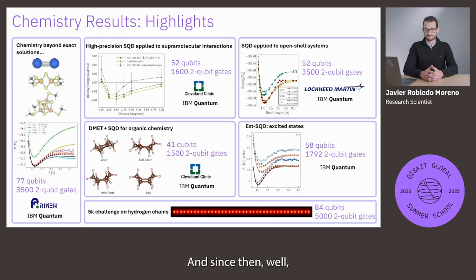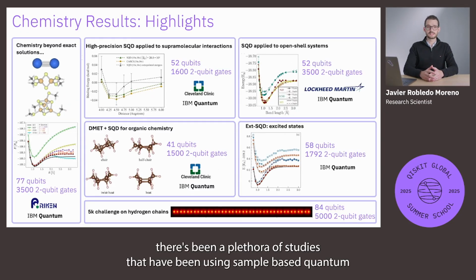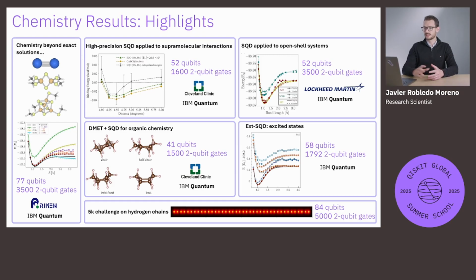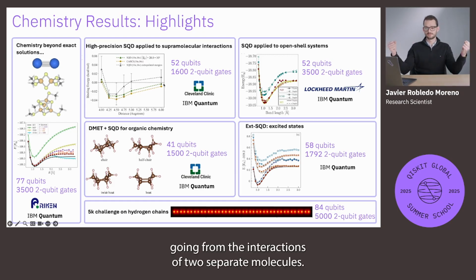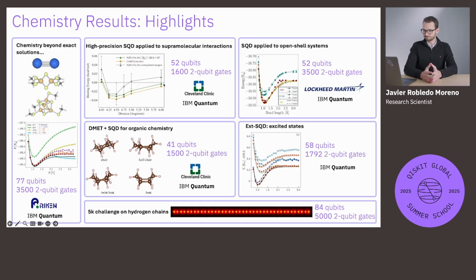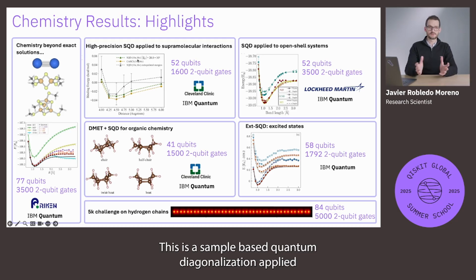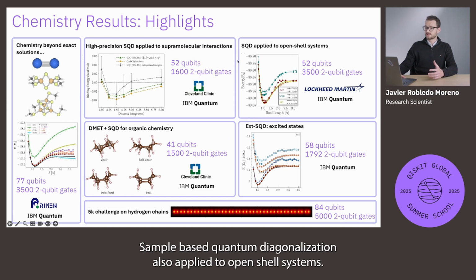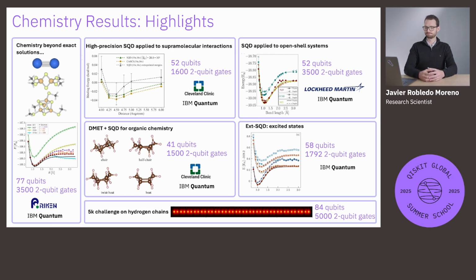And since then, there's been a plethora of studies that have been using sample-based quantum diagonalization to study a variety of molecular systems, going from the interactions of two separate molecules. This is sample-based quantum diagonalization applied to supramolecular interactions. Sample-based quantum diagonalization also applied to open shell systems.